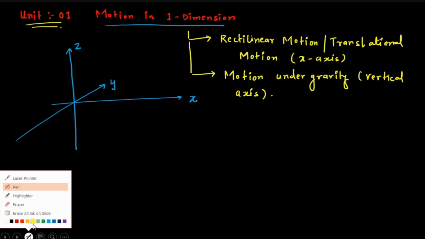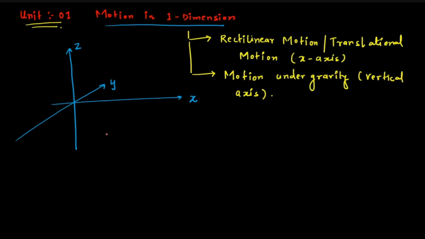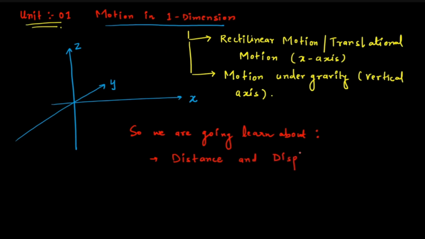So here we are going to learn about many different physical quantities. It starts with distance and displacement. You must have seen it in the classes. Then we're going to talk about speed and velocity.